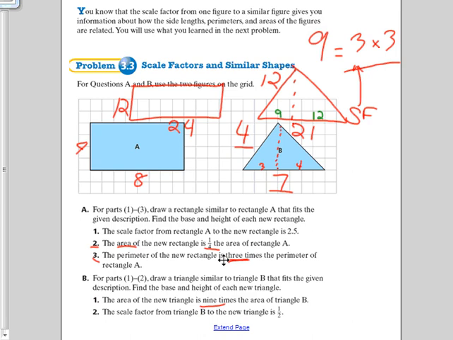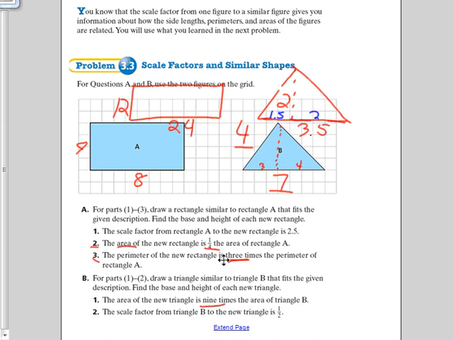I just want you to be aware of that as you're drawing it, just to make sure that it's not a little off center. And finally, B2, scale factor from triangle B to the new triangle is half. All right, they gave you the scale factor. You don't have to worry about anything else. It's half. So take these measurements, 4 and 7, and we're going to make a triangle that's half as large, which would give us 2 and 3.5, which means that, again, if you were drawing this to scale on graph paper, 1.5 boxes is over here and 2 boxes are over there.